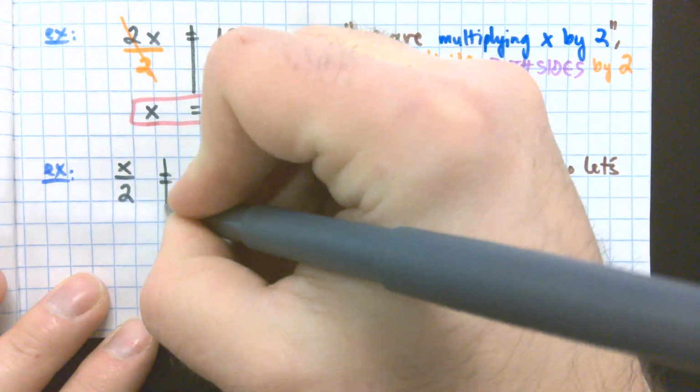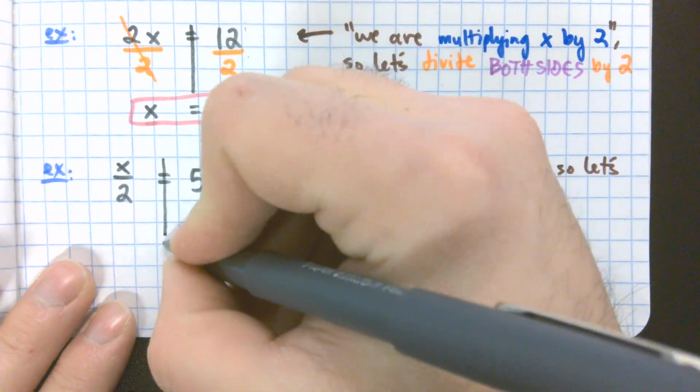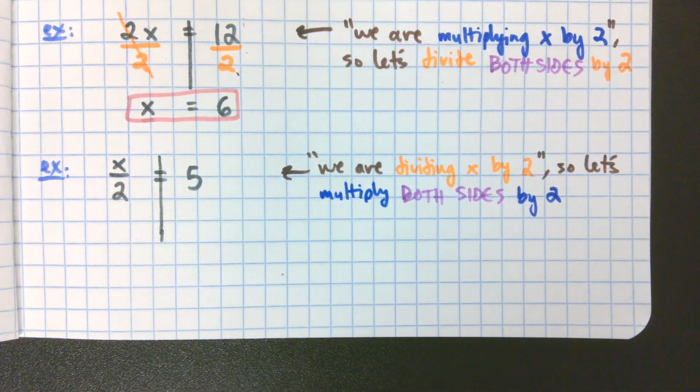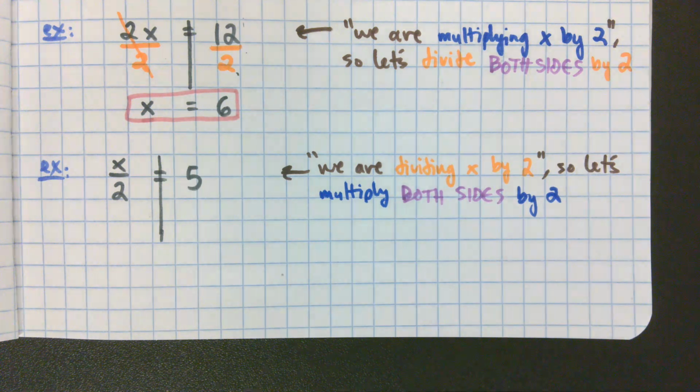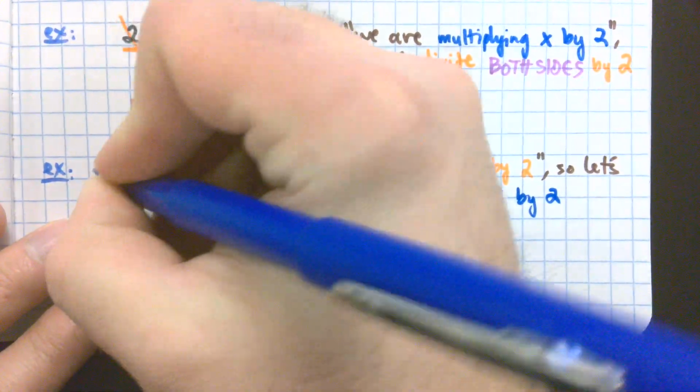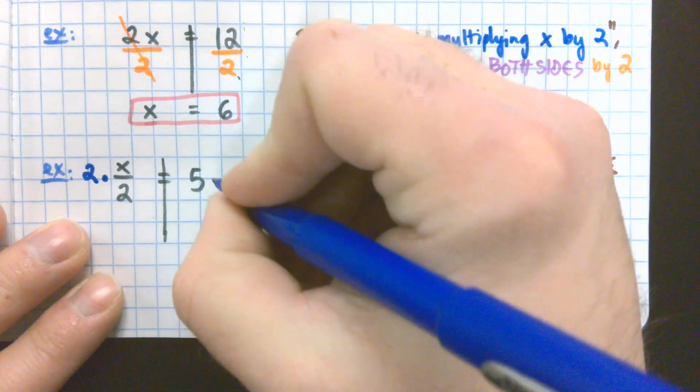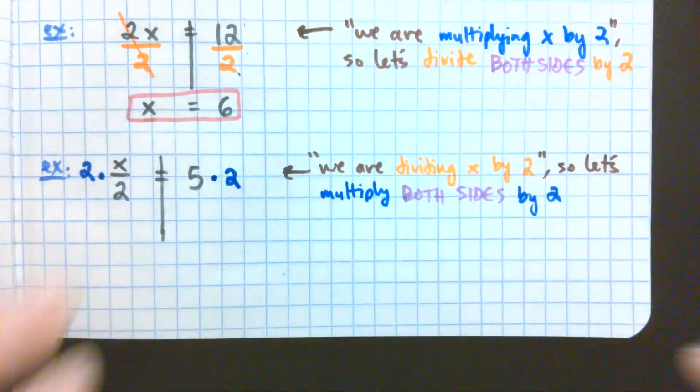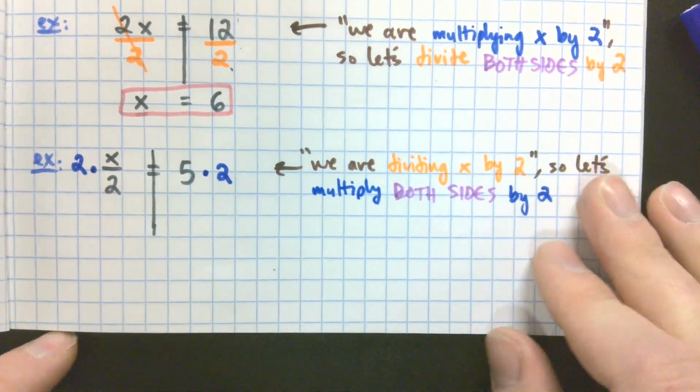I'm going to split my equal sign down the middle. I'm going to multiply the left side by 2, and I'm going to multiply the right side by 2. It looks just like that.